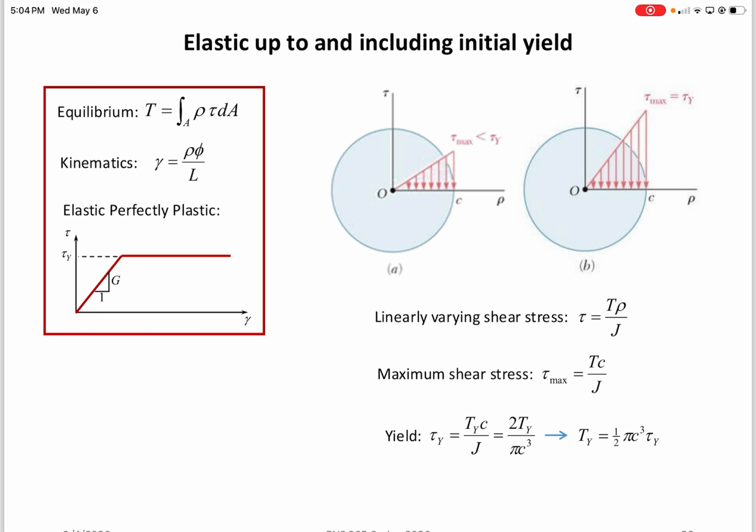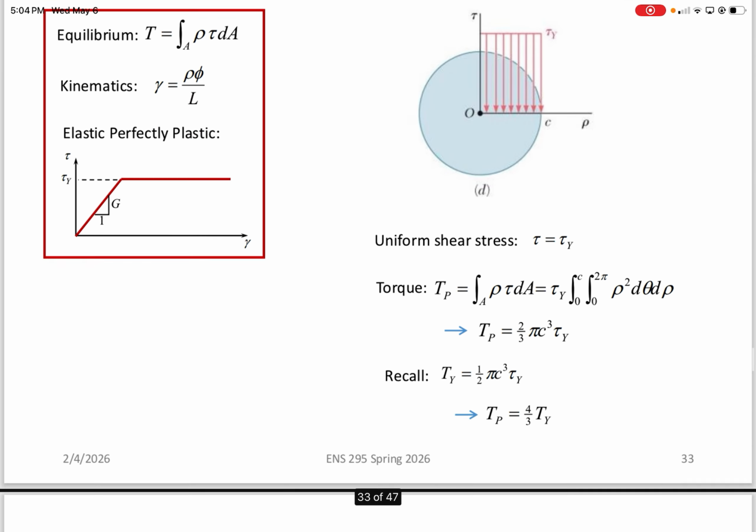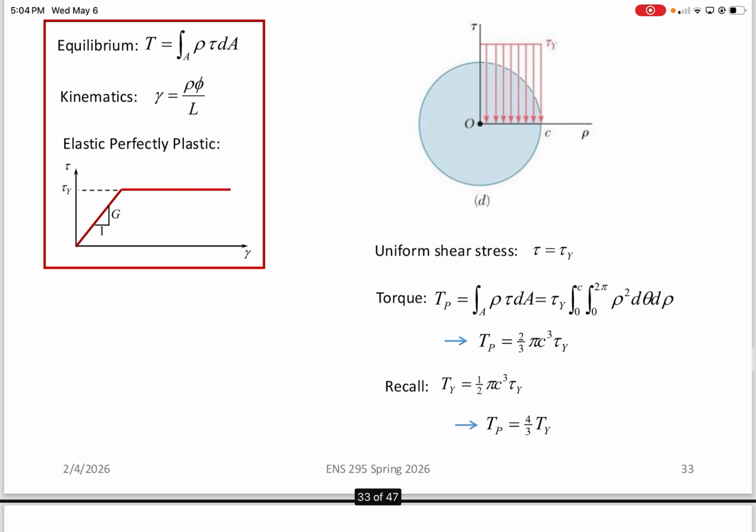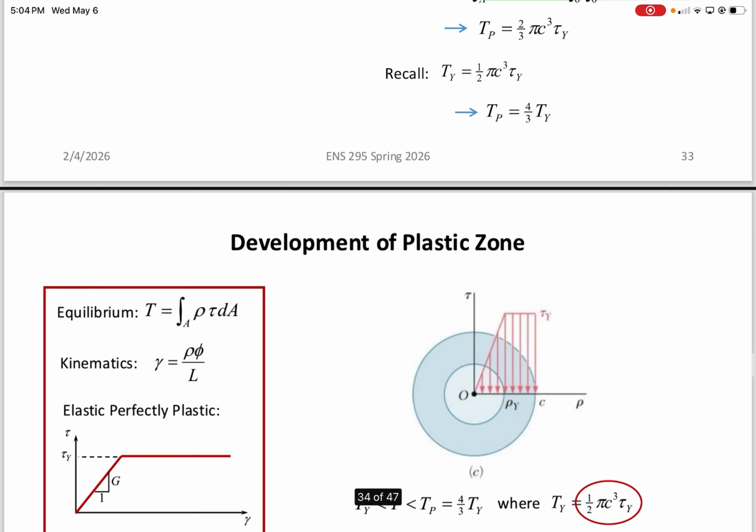So we learned that the capacity a rod can really handle can go up to about 4/3, or increases by about 33%, if you assume full yielding of every point from the radius of 0 all the way to the outside radius C. All right.